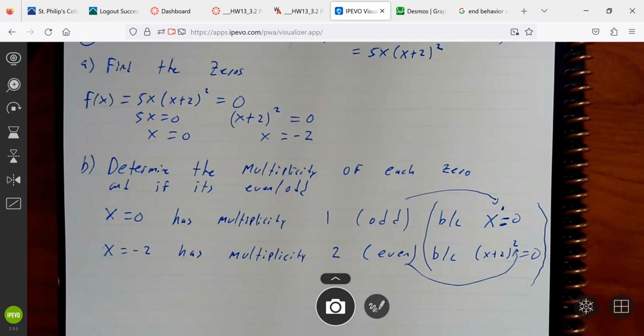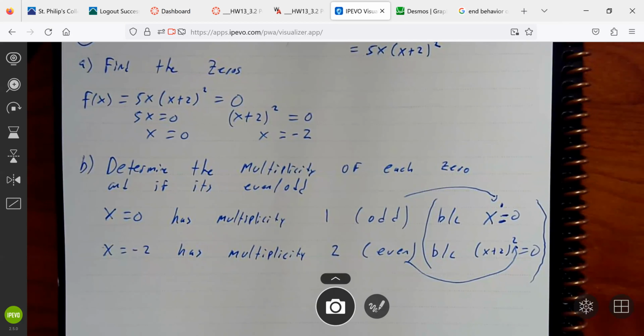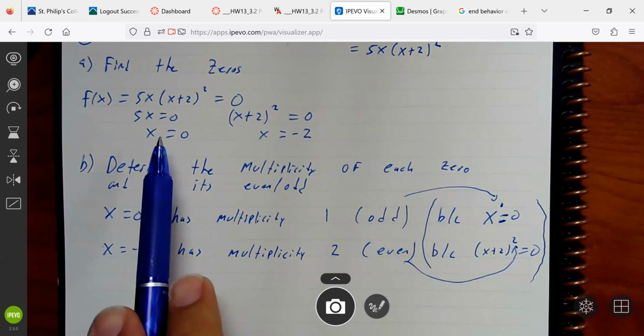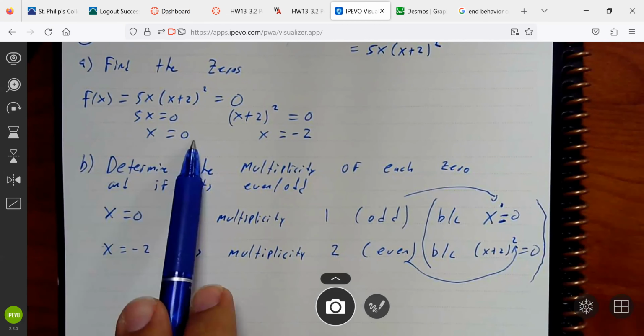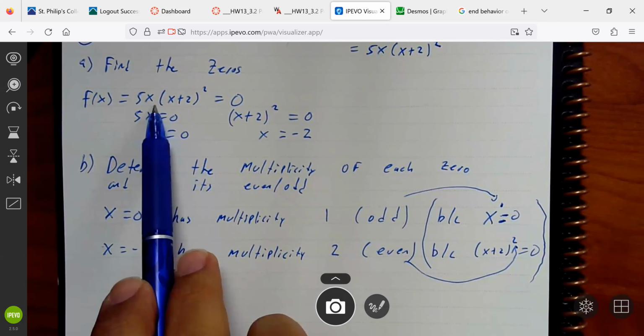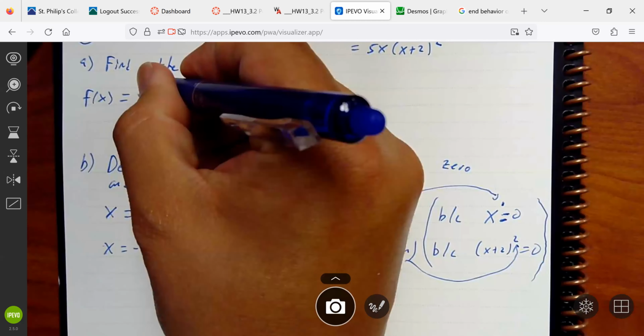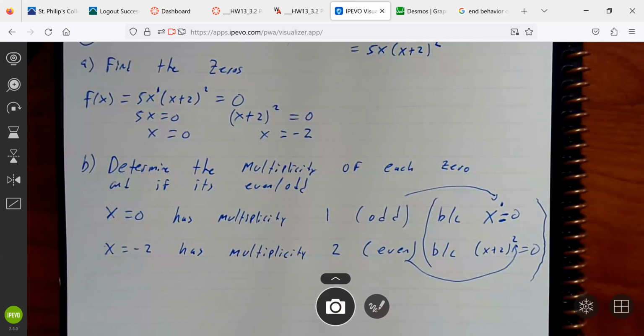I don't know if that helps or if that's making it messier, but you hear what I'm saying, right? Does that make sense? The term right here, this x equal to 0, this factor has a 1 on it. That has multiplicity 1.